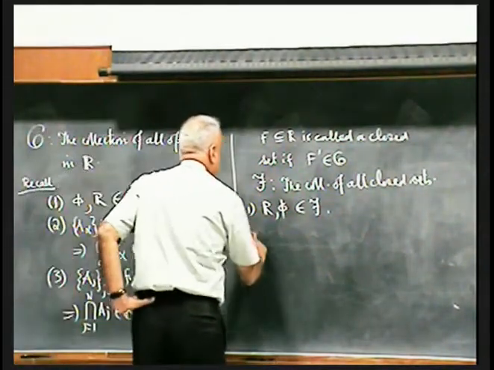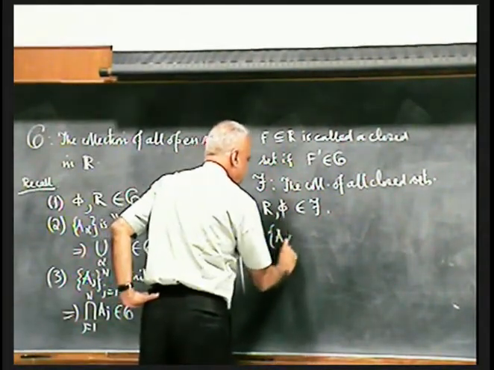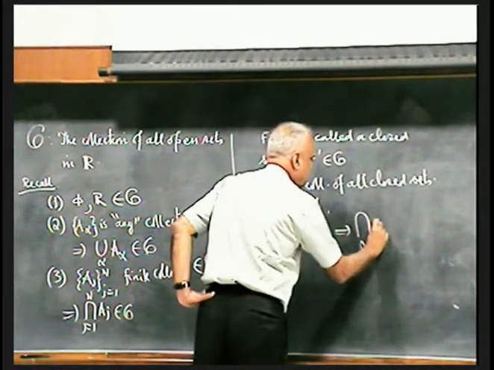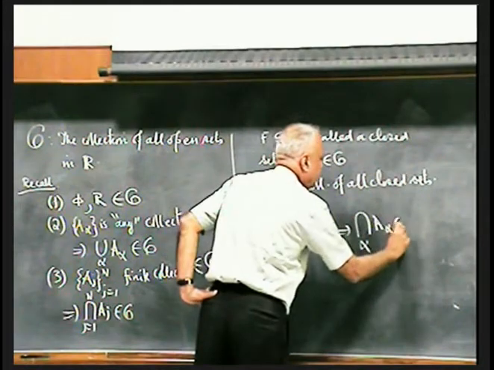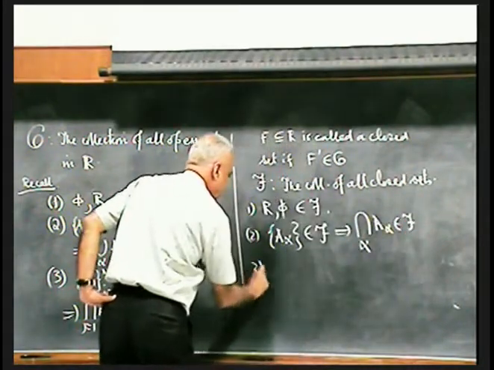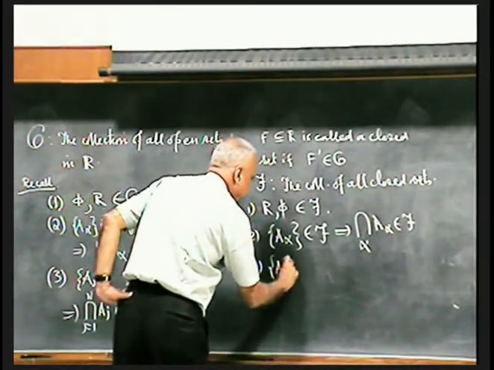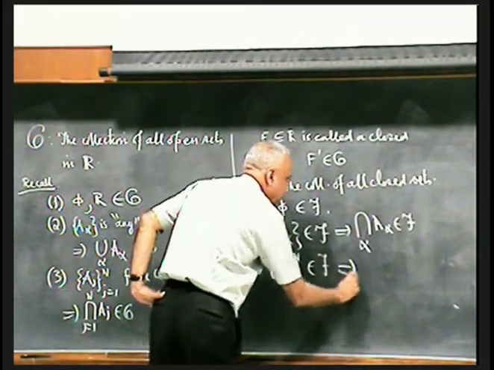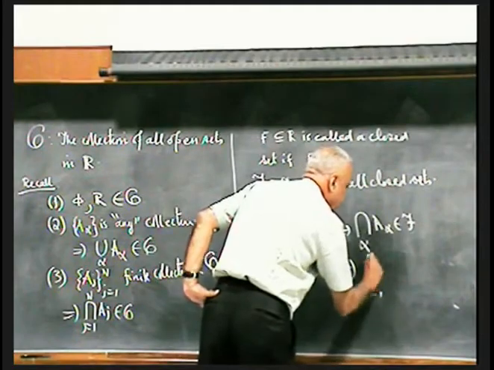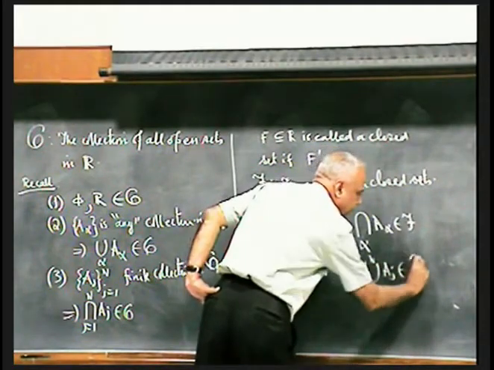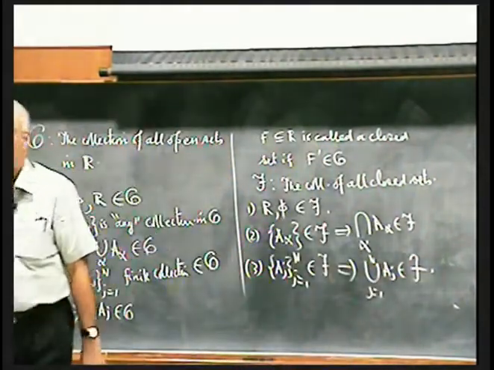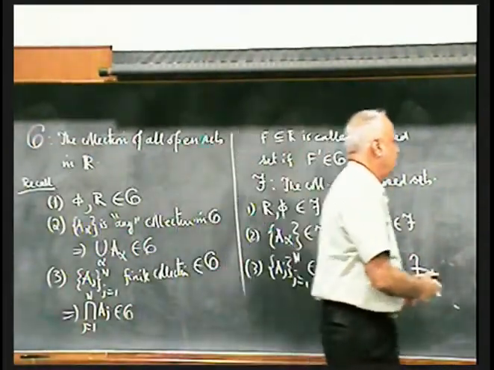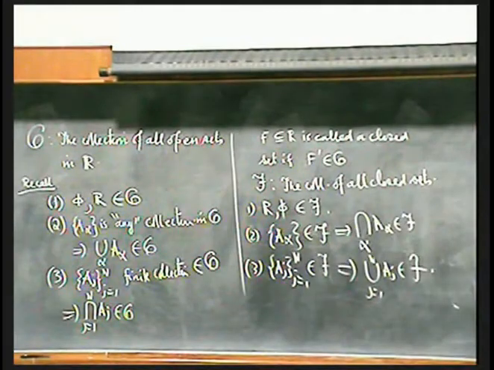So if A alpha, any collection, belongs to F, then the intersection over alpha of A alpha belongs to F, and if Aj, j equal to 1 to n, is a closed set, then the union over j equal to 1 to n of Aj is a closed set. Okay, so these are simple properties of open and closed sets that we had proved and observed.